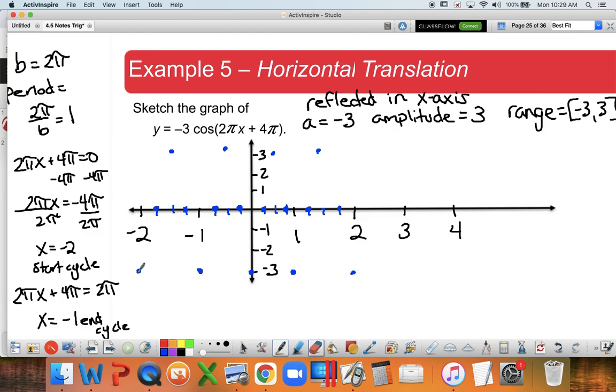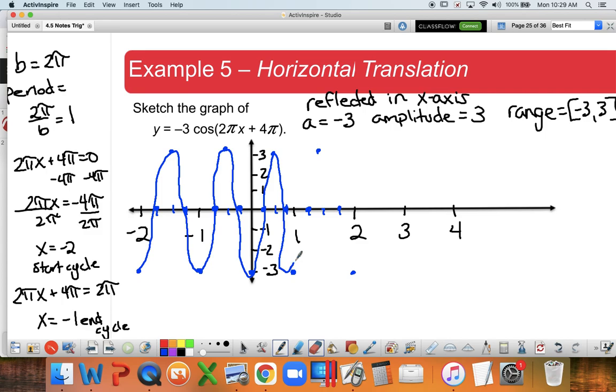All right, that's probably enough. Now I'm going to do my best to connect these dots. Notice, with having such a shortened period, there is my cosine curve. Whew, a lot going on there. But you've got to take the time to do it.